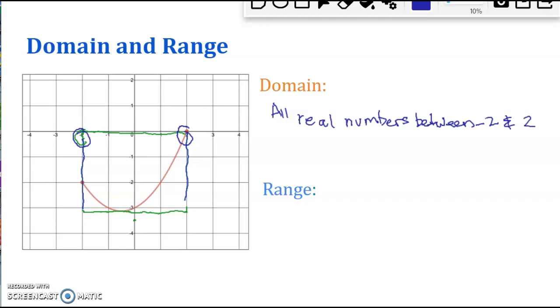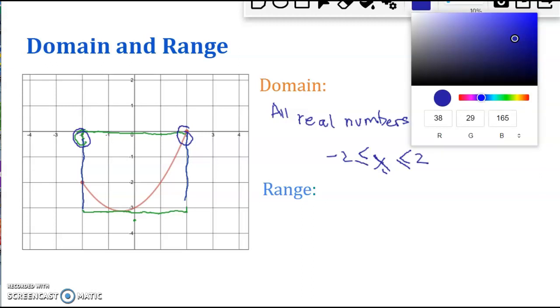So how do I represent this? Again, the smaller number on the left, -2 like this, and then the bigger number on the right. And we're dealing with domain, so we need the x in the middle. And the inequality sign is always going to be opening to the right, like so.